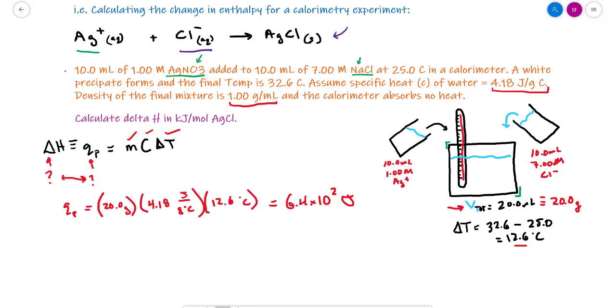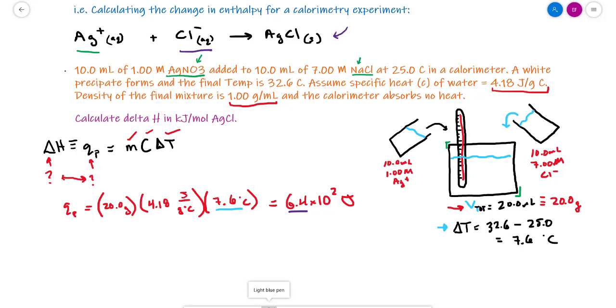Quick aside here, why did I only keep 2 sig figs here? Because it looks like I've got 3 here, 3 here, and 3 here. The answer is that's true, but this digit here comes from the subtraction step, and I actually made a mistake in the back, so I just erased this, but this delta here should actually be 7.6 for the delta T here, so I apologize for that.